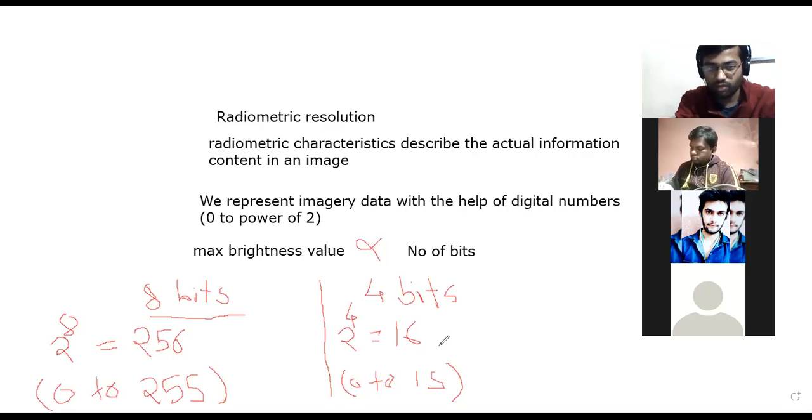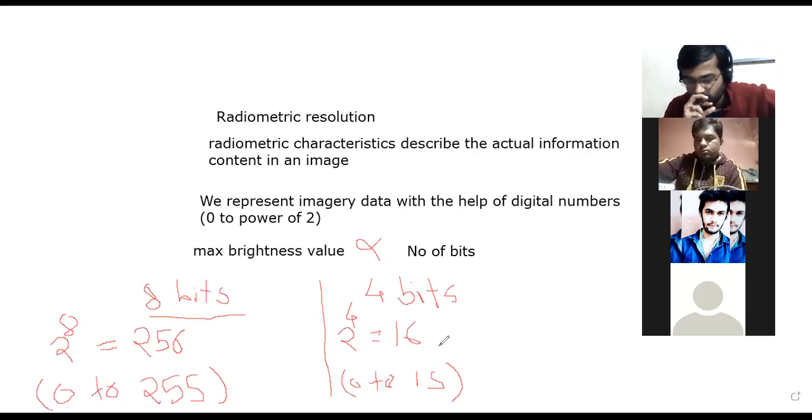I am counting 0 as the first value. That is the reason 255 is your last or maximum brightness value. If you are using 4-bit imagery, you will have a maximum of 16 brightness values, so 0 to 15, and 15 will be your highest brightness value.